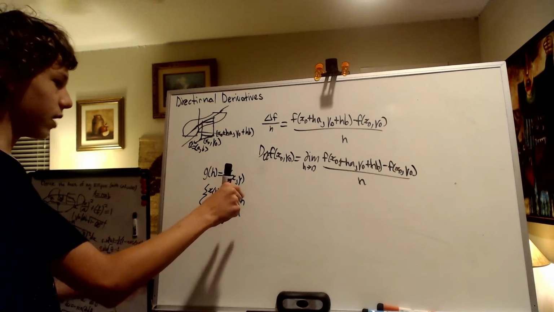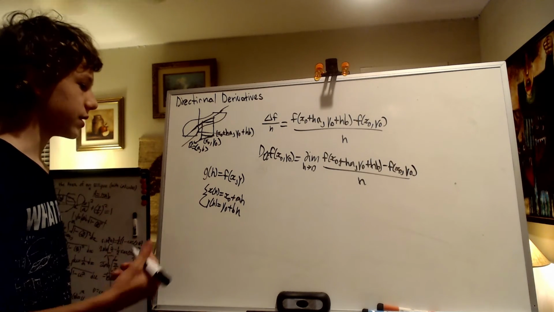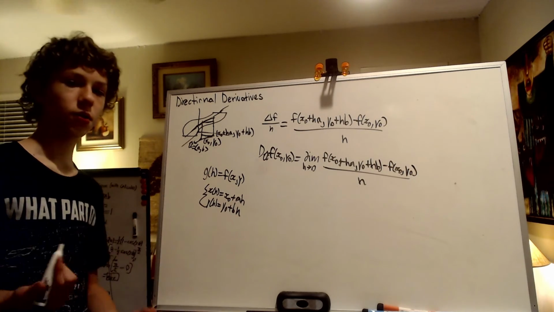So now I want you to consider the derivative of g at 0 in 2 ways, and note that it is differentiable by the multivariable chain rule, since we can clearly differentiate this.